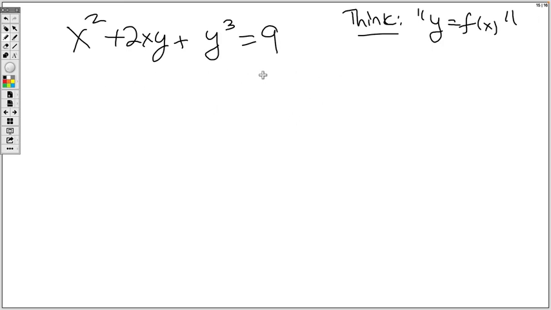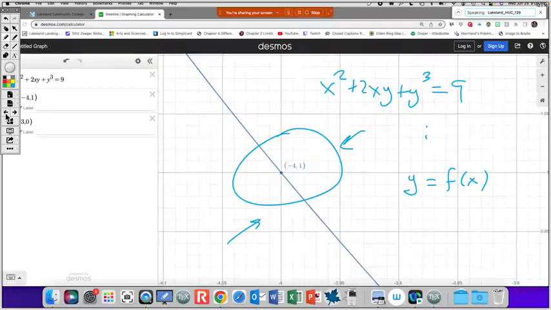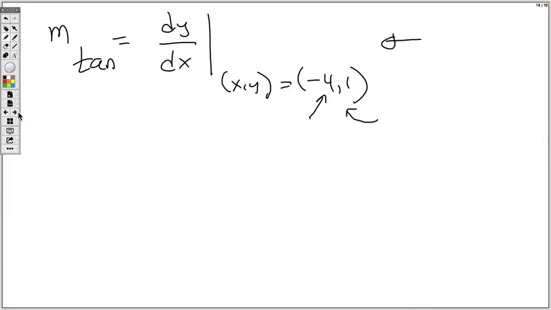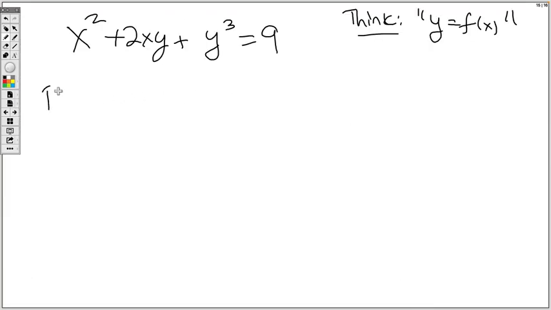And we're going to take the derivative of both sides of this equation, thinking of y as a function of x. You follow? So anytime we take a derivative with respect to x, we're going to have to use the chain rule. All right, so we're going to take the derivative of both sides with respect to x.